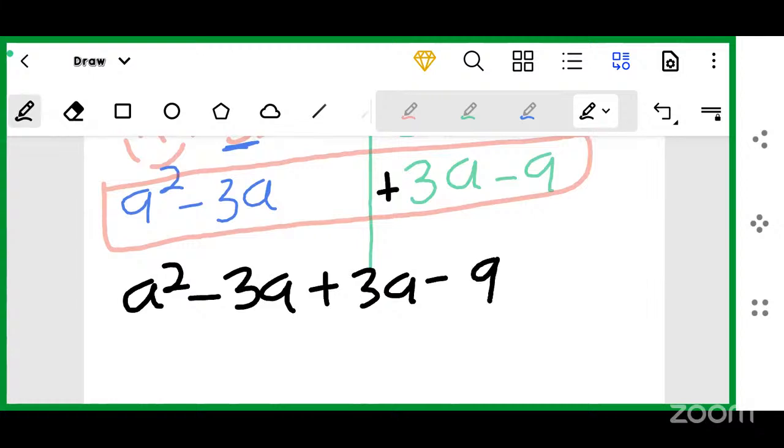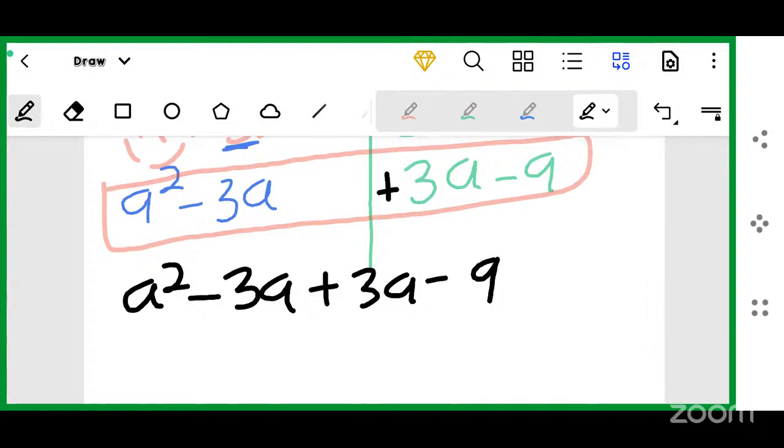So do you see our twins there? Yes, ma'am. Which ones are your twins? Do you see the twins, the like terms? Yes, ma'am. Which ones are they? Negative 3a and 3a. Okay, so when you hit negative 3a plus 3a, what do you get in the calculator?